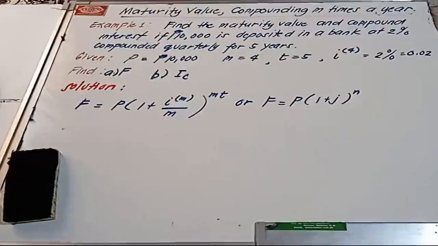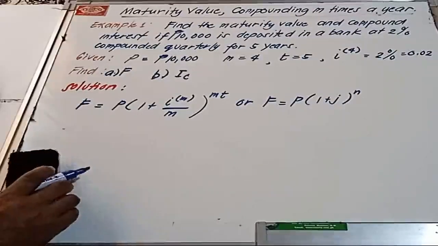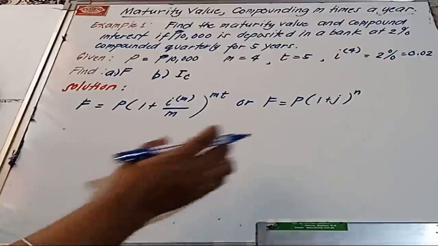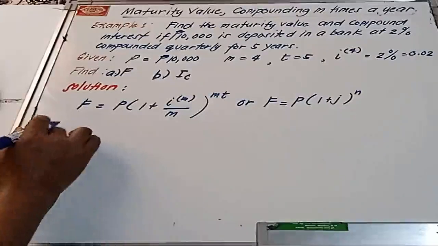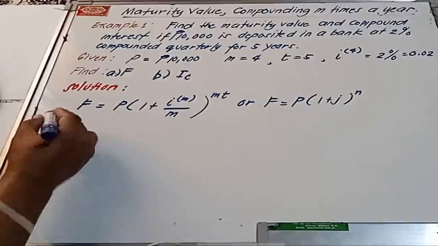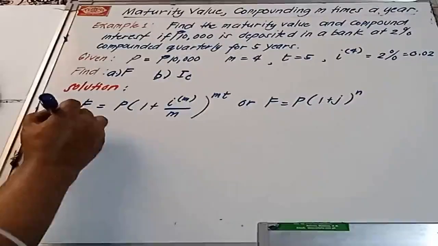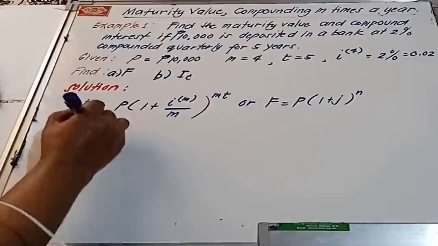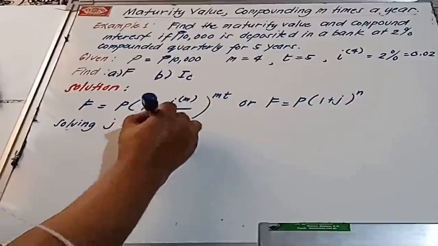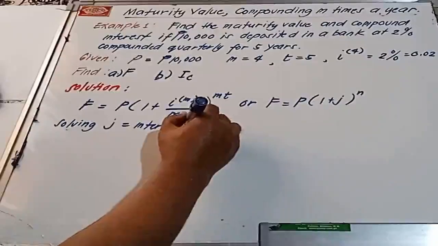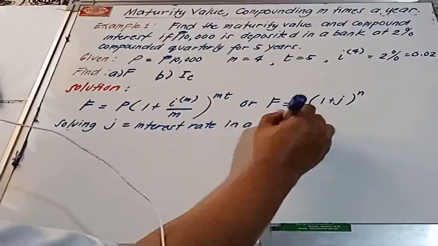At saka yung n natin, total number of conversion periods na na-discuss ko sa aking previous videos. So, ito muna ang gamitin natin saka na ito. Okay? Para magamit to, kunin natin yung j. Sino si j? Yun yung interest rate in a conversion period.